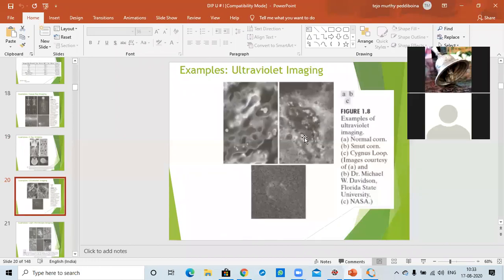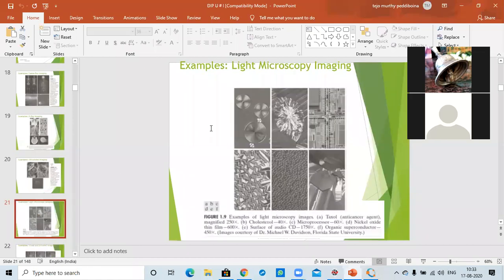So next, ultraviolet imaging is also useful. Even it is useful in this agriculture field. So light microscopy is also used.